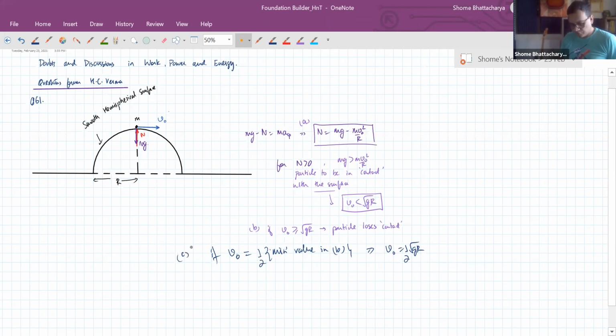If the speed is half of this minimum value, then we have to find the angle made by the radius through the particle with the vertical when it leaves contact. So we have to find the angular displacement at the point when it leaves contact.